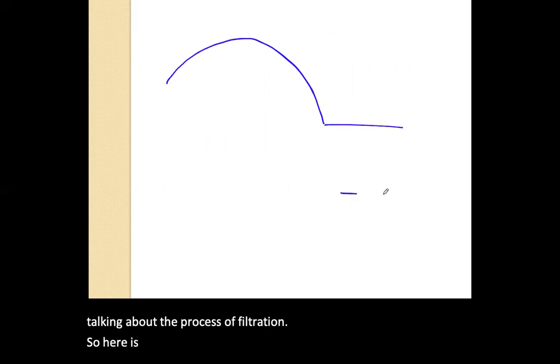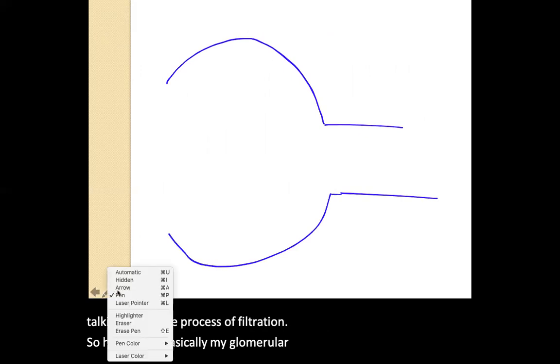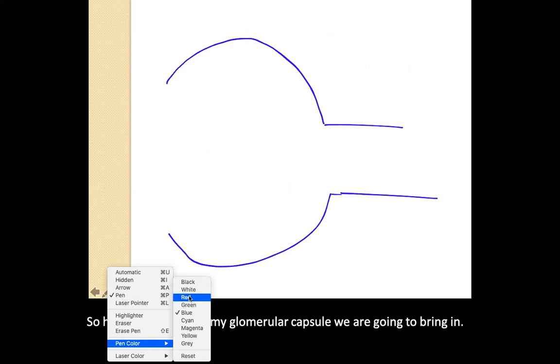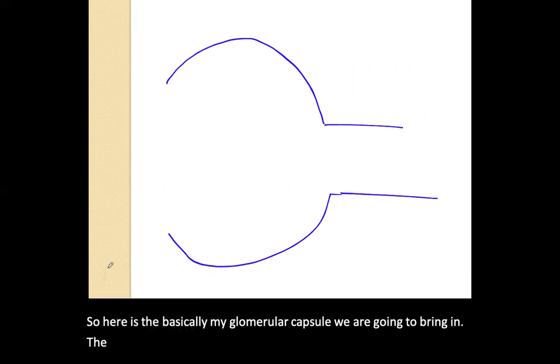So here is basically my glomerular capsule. We are going to bring in the blood vessel, afferent arteriole coming in.